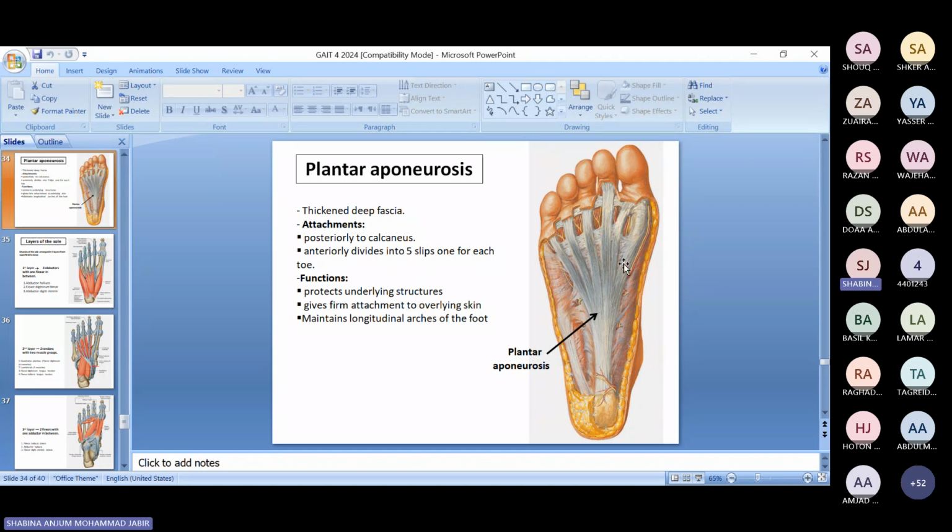It is attached to all five toes anteriorly, and posteriorly to the calcaneum. It is responsible for maintaining the longitudinal arches of the foot, and it also protects the underlying structures like nerves and vessels.